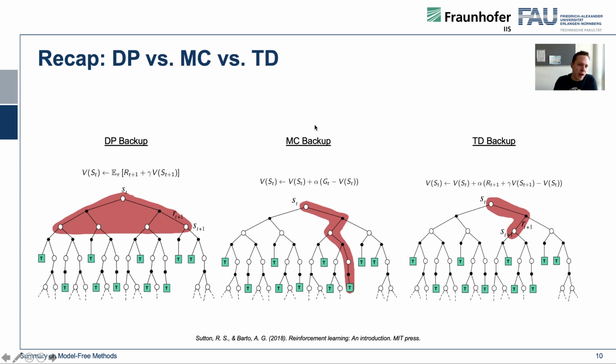In the Monte Carlo backup, we start in a state and run a trajectory, and then we use all the states we visited along the way and update these states along our trajectory. Meaning that in order to update s_t, we make use of all the information we get until we reach the terminal state. And in contrast, the temporal difference learning backup is something in between.